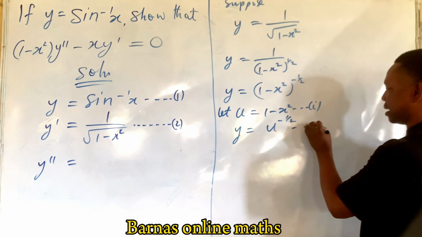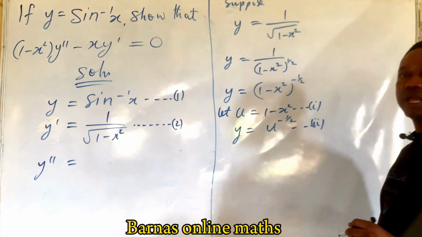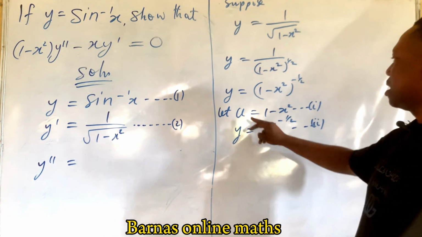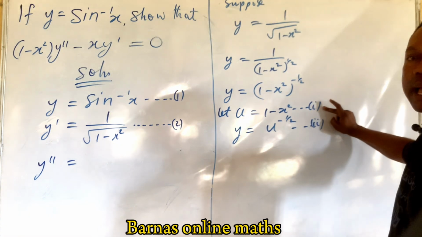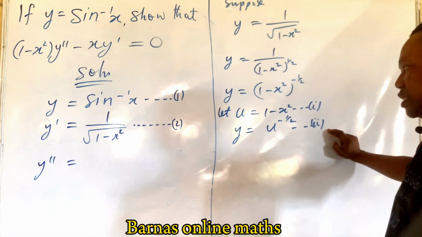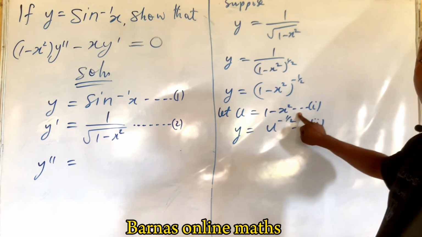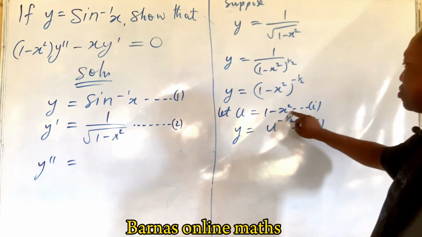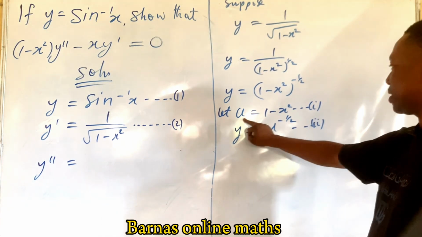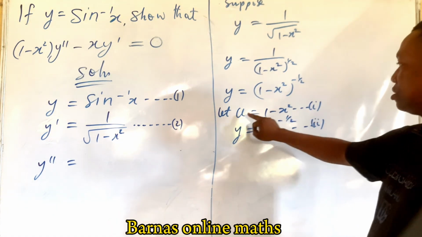That becomes equation II. Now we are going to differentiate both equation I and II with respect to x. Coming to equation I, we have u, we have x. We now differentiate u with respect to x. Differentiating u with respect to x will give us du dx.